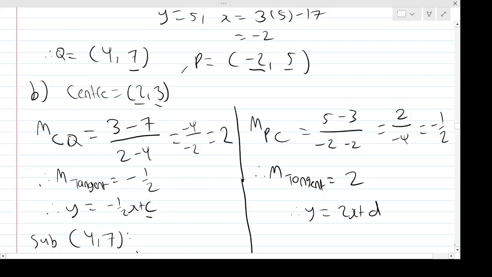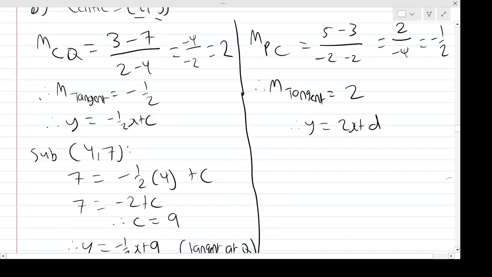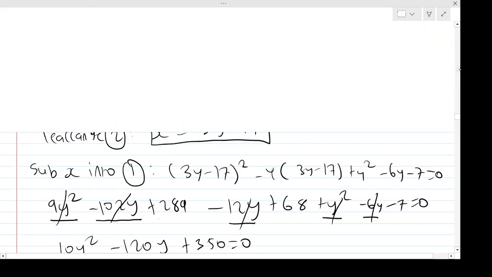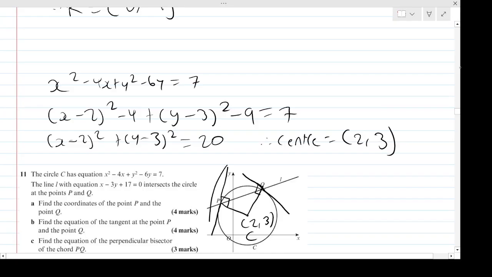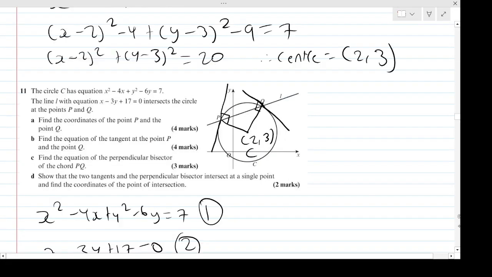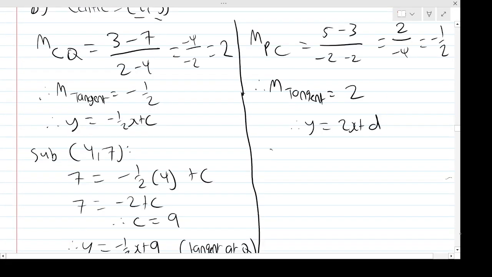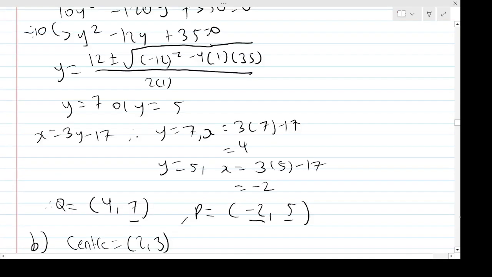I'm going to use a different letter to c for the equation of the tangent. Again, to find that missing number d, I need to sub in a point that I know is on the tangent. The point P, which is where the tangent is at, is on the line, so I can substitute that in. So P is minus 2, 5.